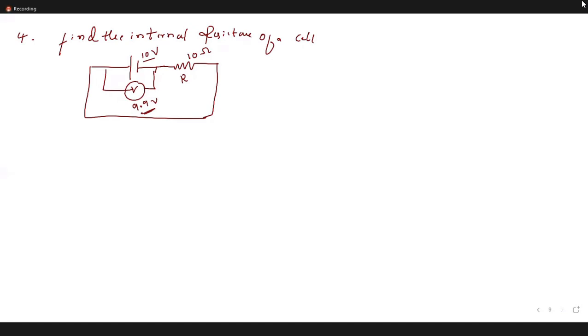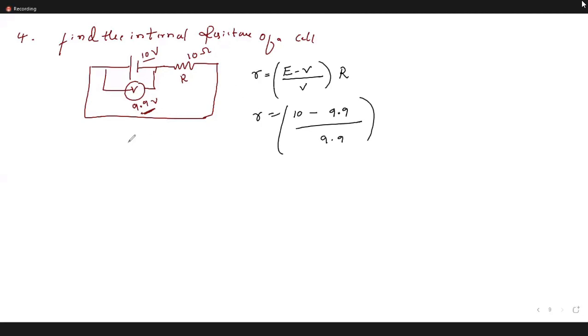What is the internal resistance formula? Small r is equal to E minus V by V into capital R. The EMF of the cell E is 10 volt, V is 9.9 volt, and R is 10 ohm.